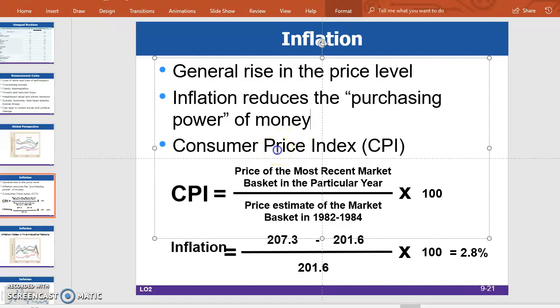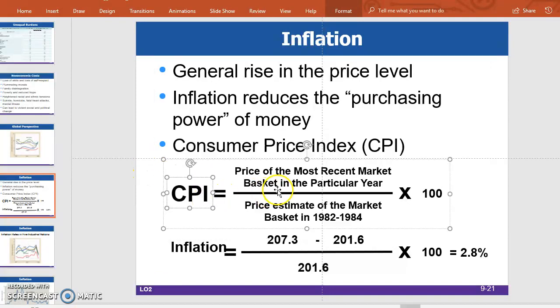Now, the US government measures inflation with the consumer price index, CPI. CPI is defined as a ratio. It's a price indicator. It shows the change in price in the current year or a particular year compared with reference to a base year.